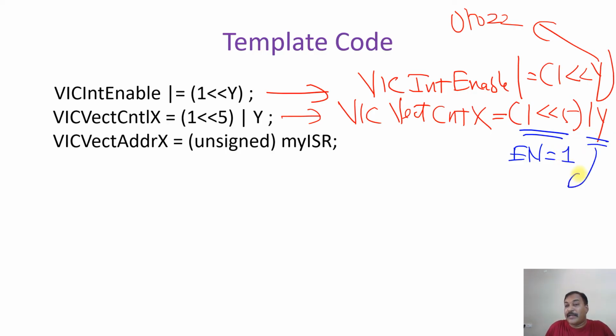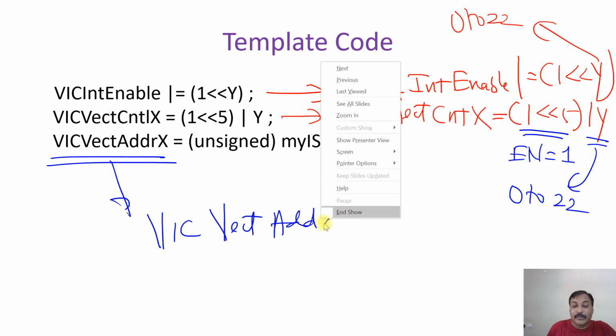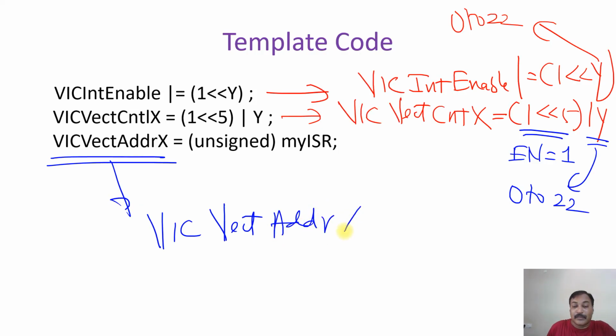Y here again refers to 0 to 22. Third one is the address register, the vector interrupt controller vector address. x is equal to, what is the syntax?